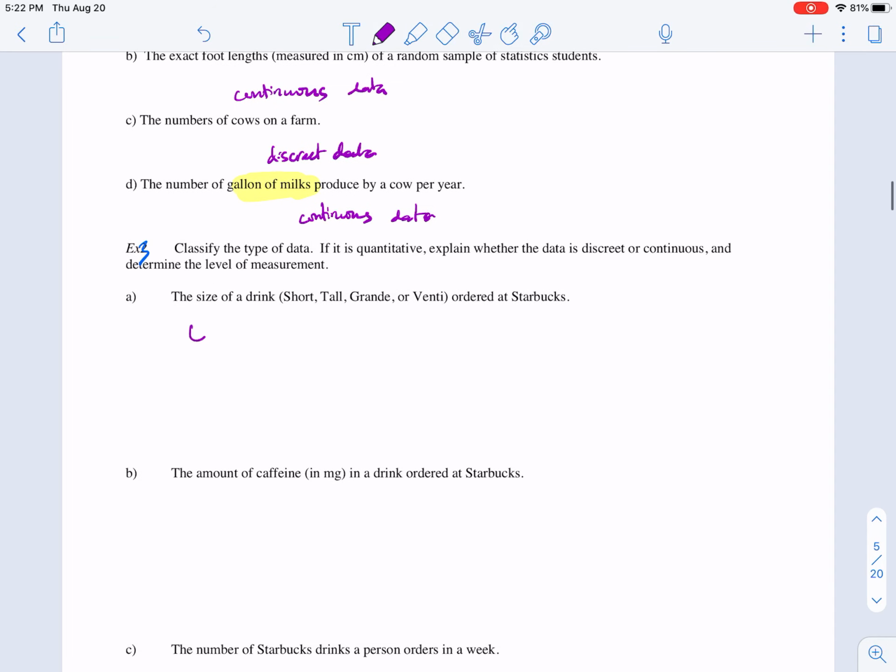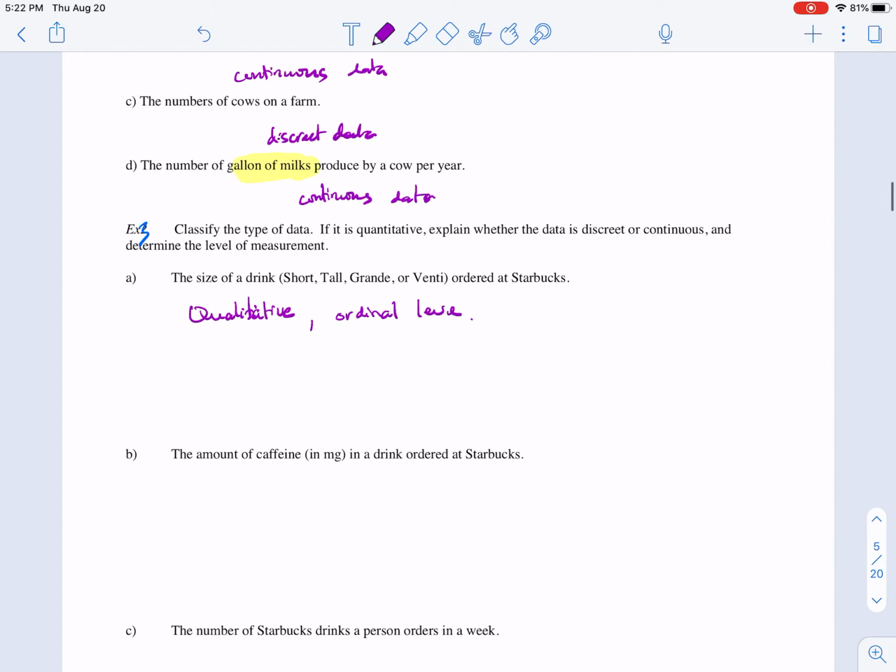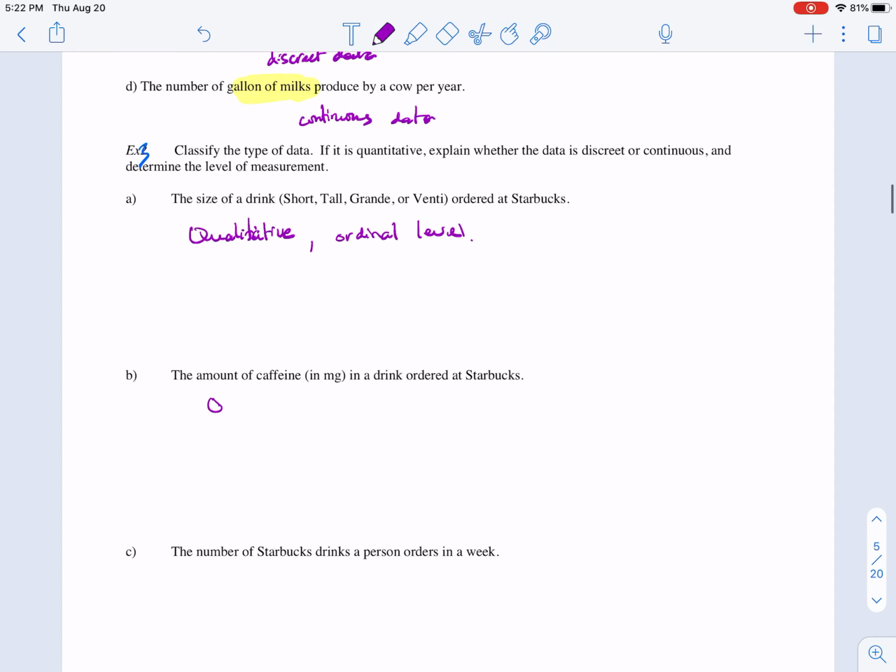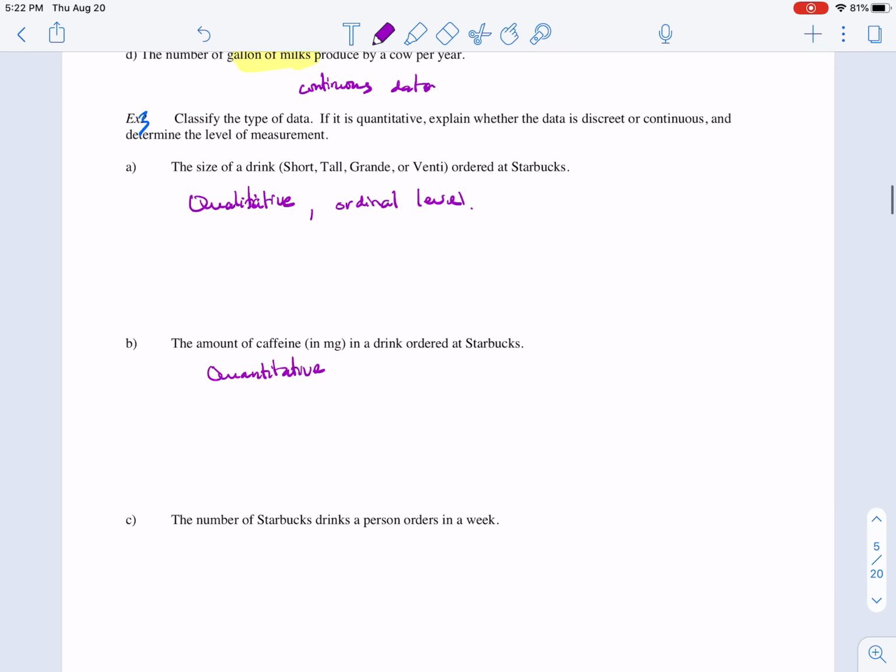Over here we have qualitative, and it's at the ordinal level. Here we have quantitative and continuous data, at the ratio level.